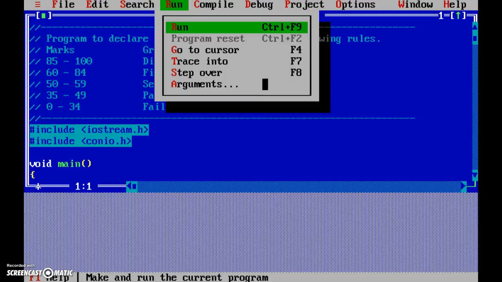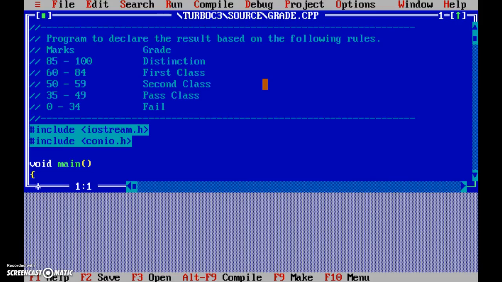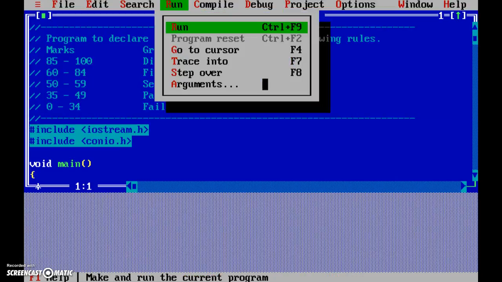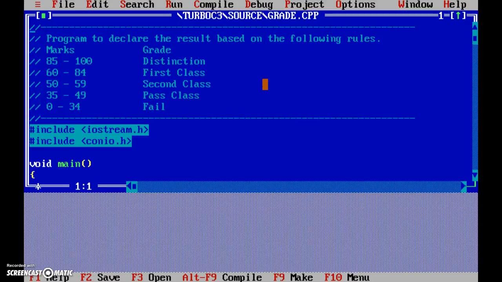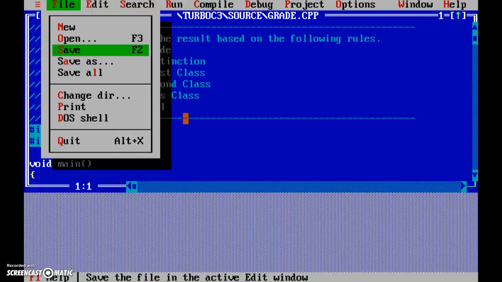Let's enter 49, pass. Let's enter 55, second class. 75, first class. And 90, distinction. Great. So now let's save it and file, quit.